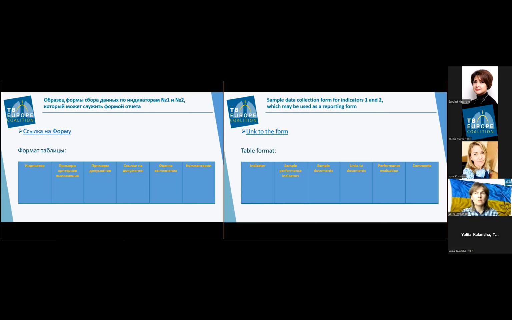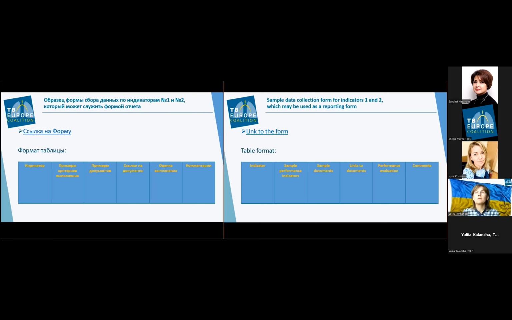For example, at the level of Ukraine, all documents for key meeting sessions are stored at the Secretariat of the National Council, which is a coordinating body to combat TB and HIV/AIDS. Then the implementation assessment according to the criteria and the scale that we have discussed already, and comments, of course.